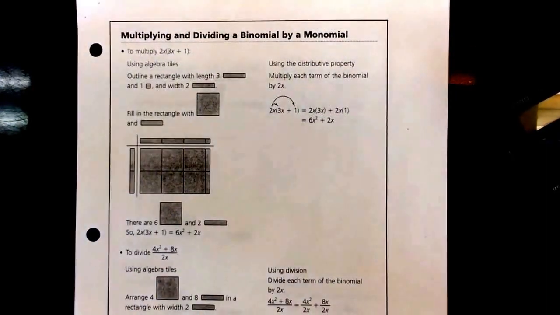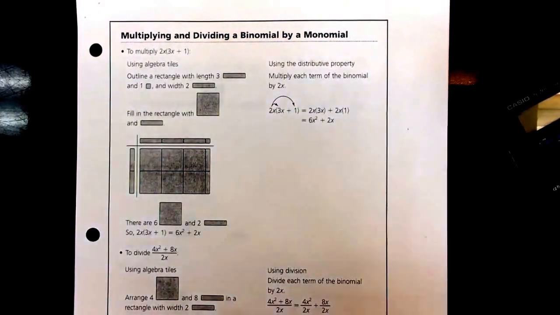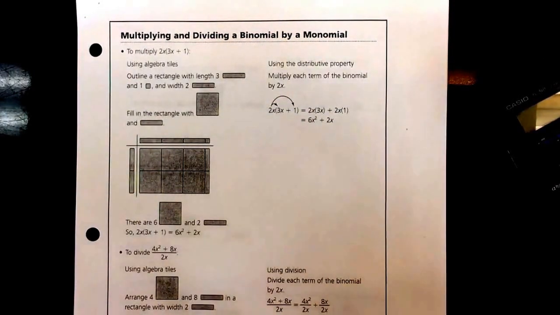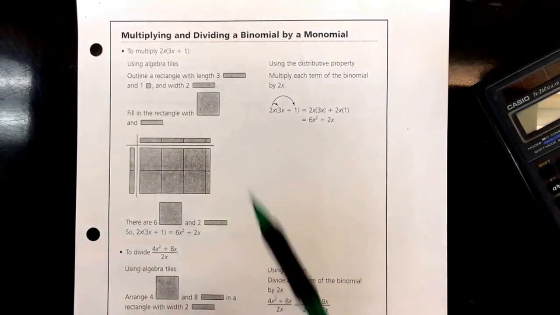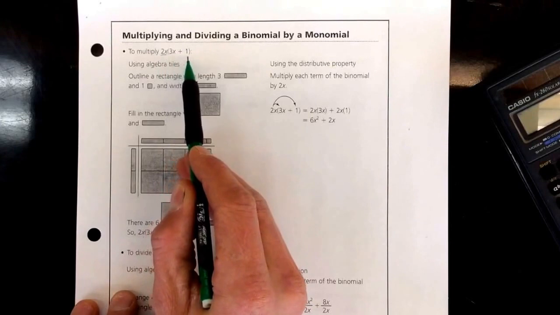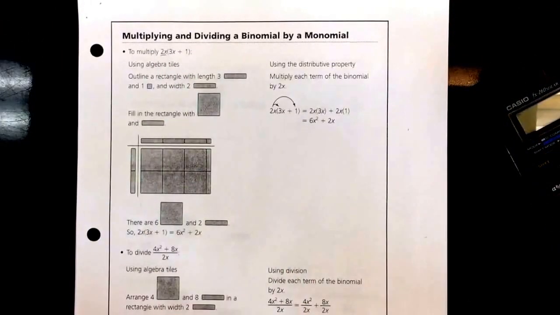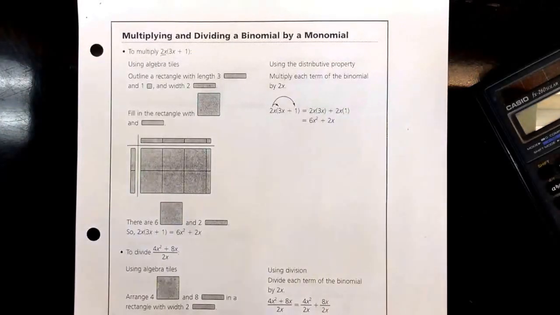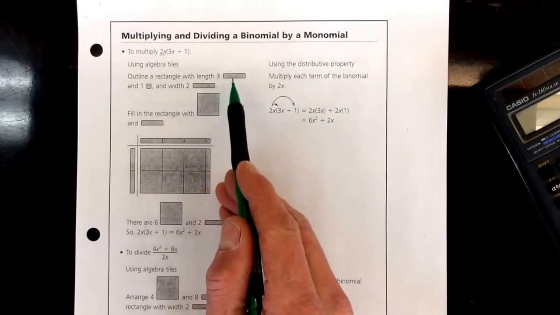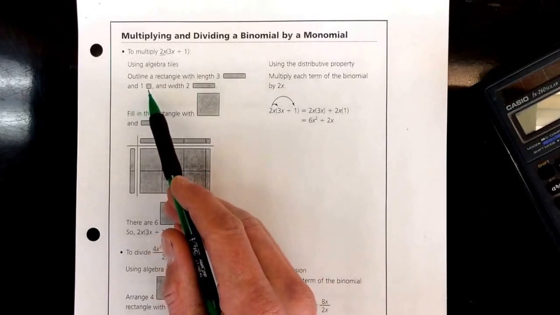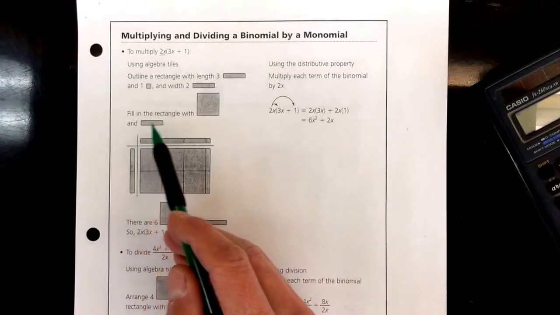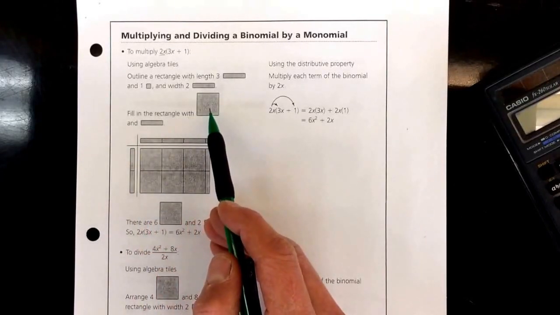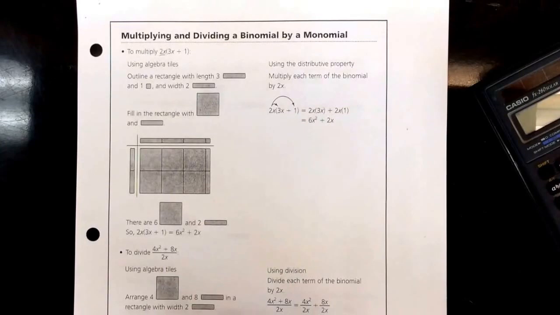The next thing in the Section 3.3 skill builder, we're going to multiply and divide a binomial by a monomial. So we have two different sets of polynomials. Here we have a monomial and here we have a binomial, and there's variables associated with each. So using Alg-Tiles, we would outline a rectangle with a length of 3 x's and 1 little square and a width of 2 x's. So fill in the rectangle with x squareds and x's.